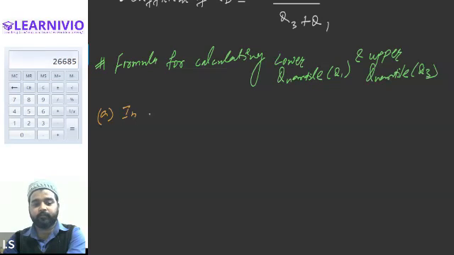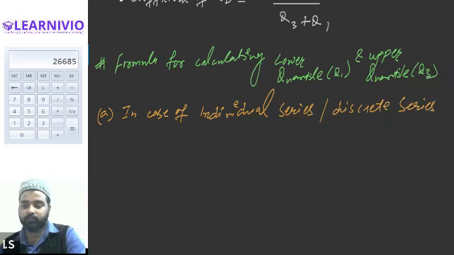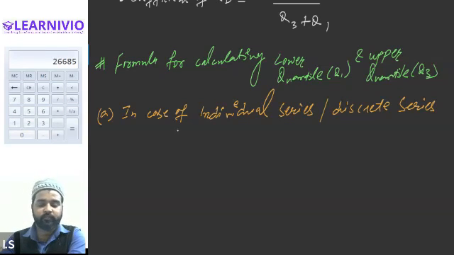In case of individual series, and also the same formula will be applicable in case of discrete series as well. But for the continuous series, there is a change in the formula. We will talk about the continuous series in a later session of this chapter. Right now, just focus on the discrete and the individual series.